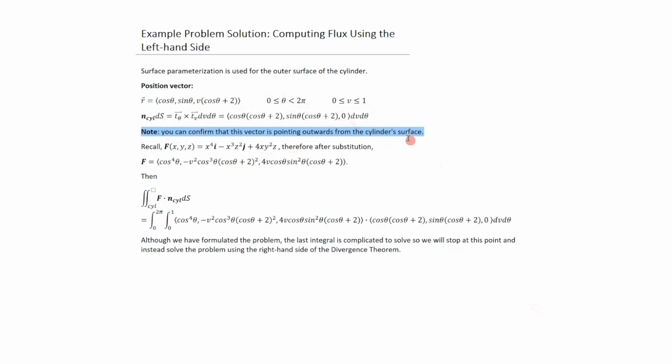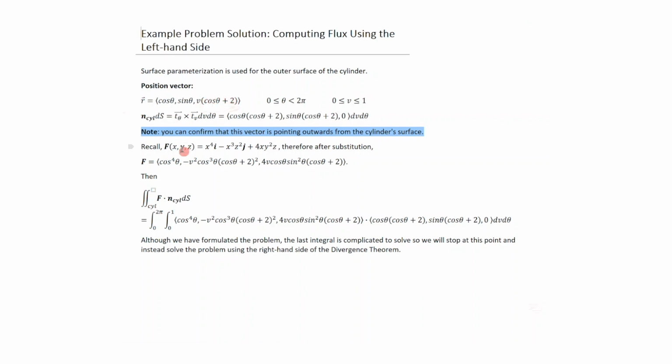And now we recall from the fact that the vector field has this form. We now make the substitutions for x's, y's, and z's. This is the value that's substituted for x, this is the value substituted for y, and this is the value that gets substituted for z.